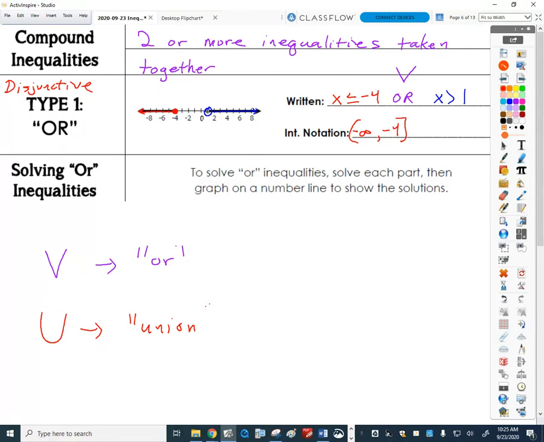So we could either use an or symbol, or sometimes when we're using interval notation, people will use a union symbol, meaning it's going to be the combination of this part and this part. We'll take them both, even though they're separate intervals. Just like the graph, we're going to consider both of those intervals as part of our set, okay? And then the blue side would just be open parentheses 1 to infinity, right?